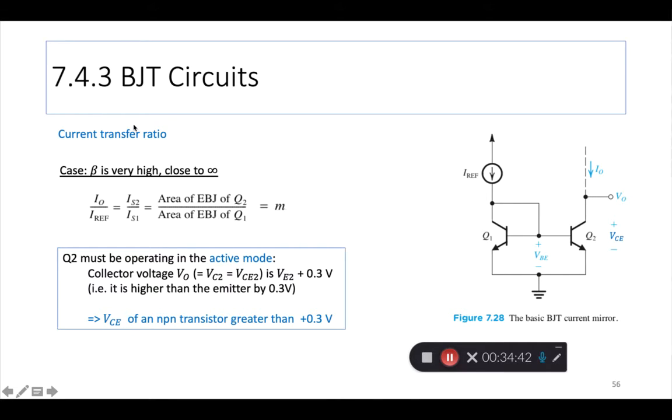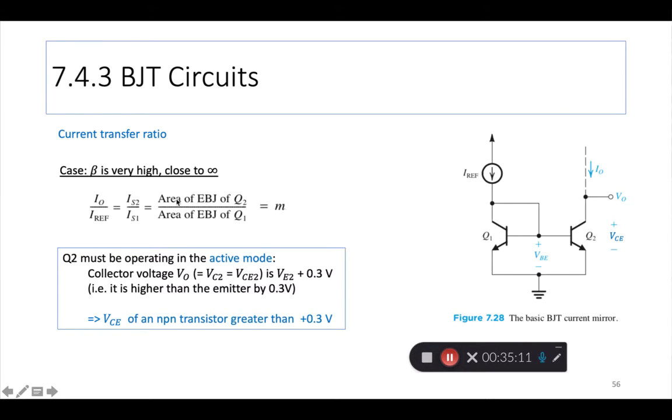So how do you start the analysis of a BJT current mirror? First of all, current transfer ratio, right? Let's assume that beta is very high, close to infinity. Then the formula for this I output, the current source value IO, and the I reference, which is the same thing here, they are related.